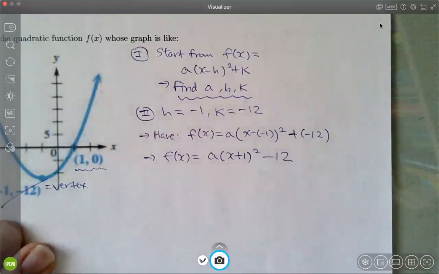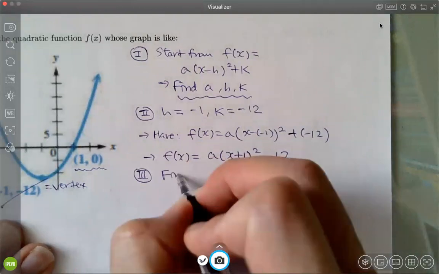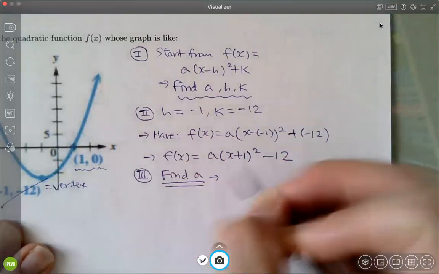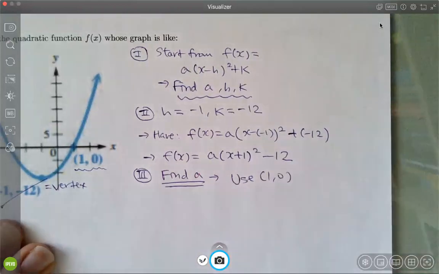So how can we use this (1, 0) to figure out what a should be? Any idea?